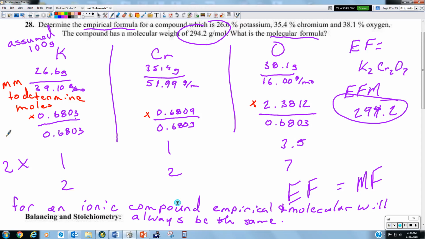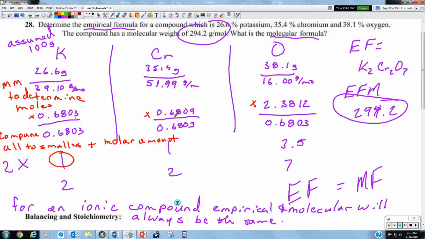And from there, I compared all to the smallest molar amount. I divided this one by 0.6803, which gives me 1.